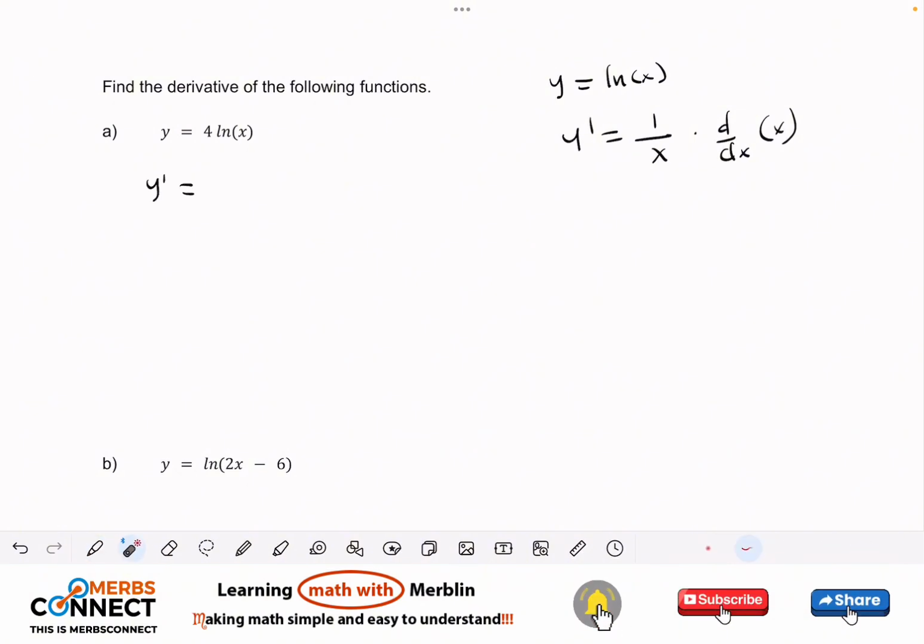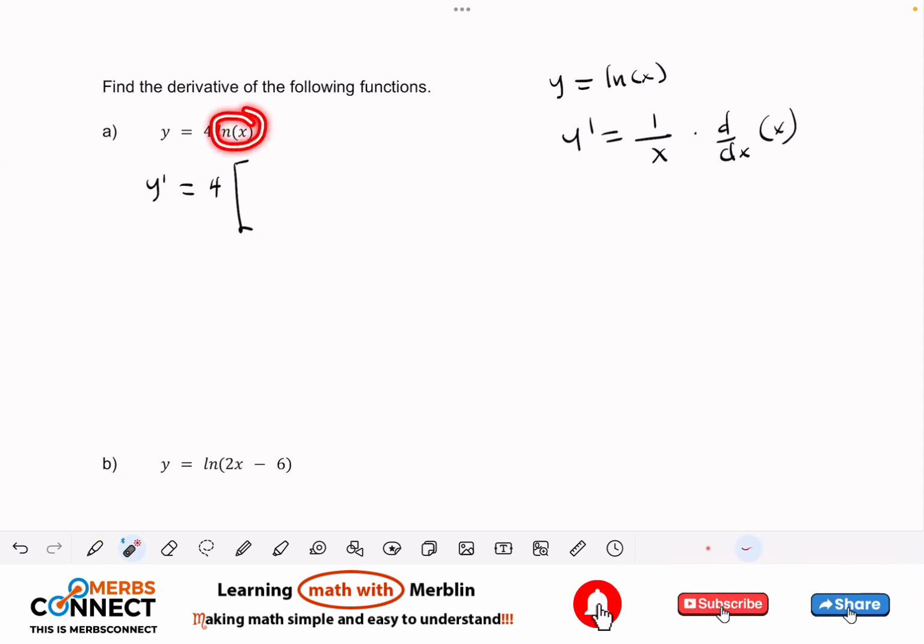Anytime you are differentiating a function and you see a constant multiplying or dividing the function, all you need to do is factor it out. Just bring it out, then you focus on the function.